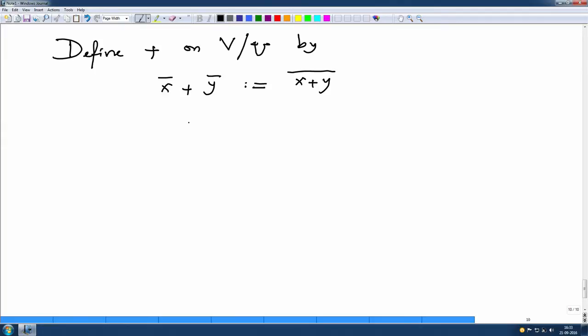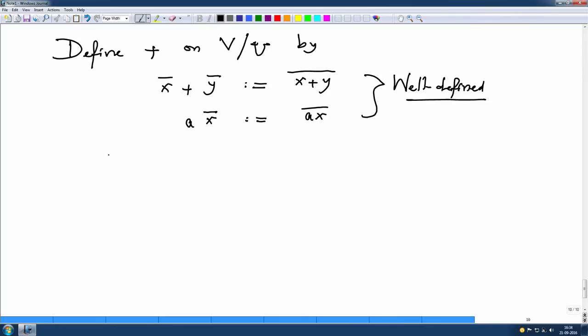And also you can define scalar multiplication: take any scalar a times x bar, define it to be, first, take the scalar multiplication of a on this element x in V and take the bar of that. And what we need to check is that these operations we defined are well defined. That means they do not depend on the representative class of x bar and y bar.